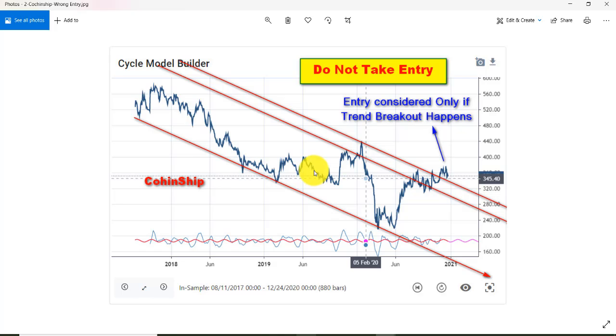Suppose this is the bottom, so it is moving towards up, and this is the peak. But even when we take the entry at the bottom, and during the timeline it reaches the top, the price moves downward only because a long term downward trend is running. We should not take entries in such kind of stocks.